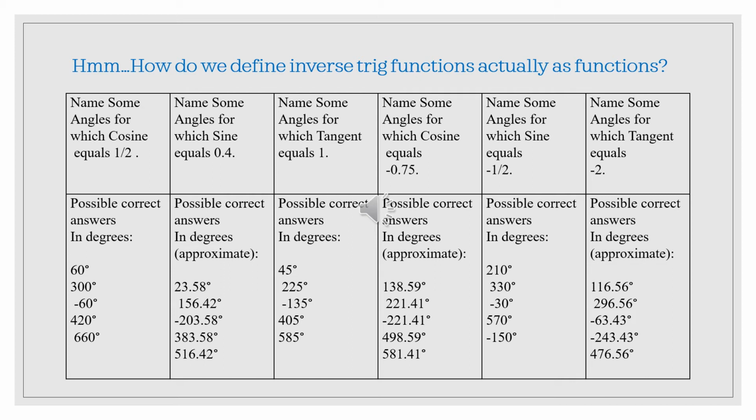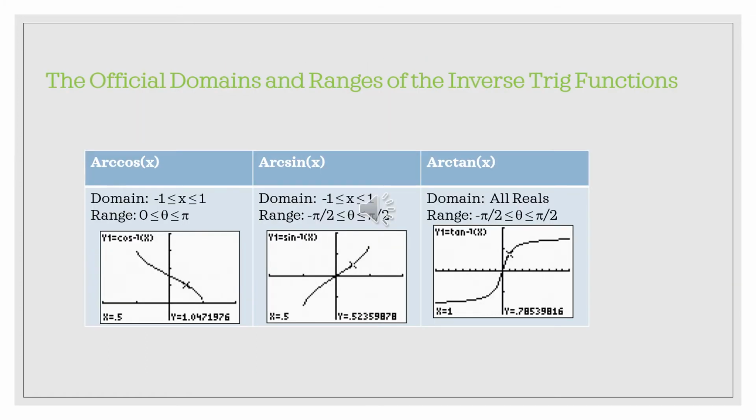So we have to come to some agreement on what is that one answer going to be. A few hundred years ago, when the enlightened world was working on various science and art themes, a decision was made as to what we should use as the official domains and ranges for our inverse trig functions.